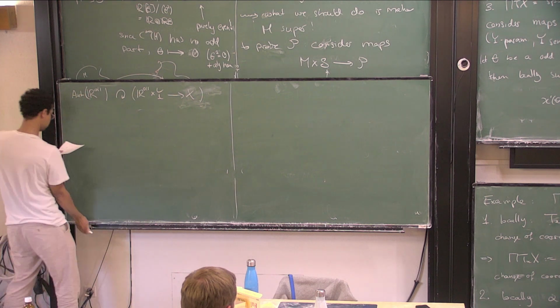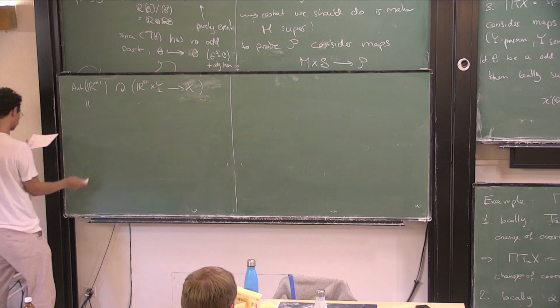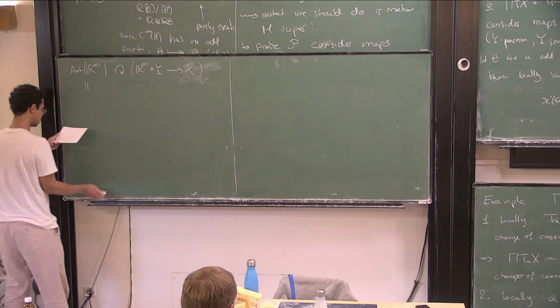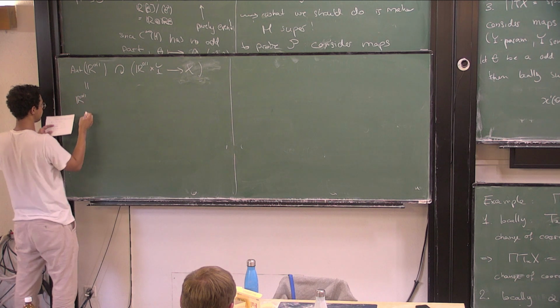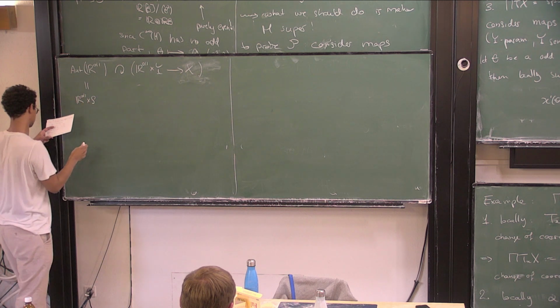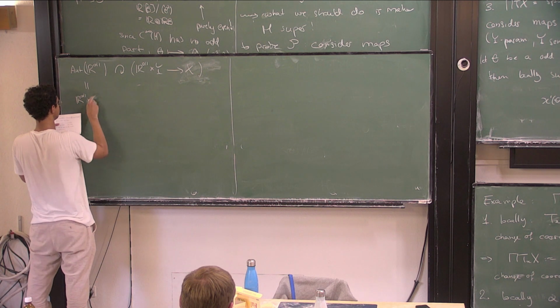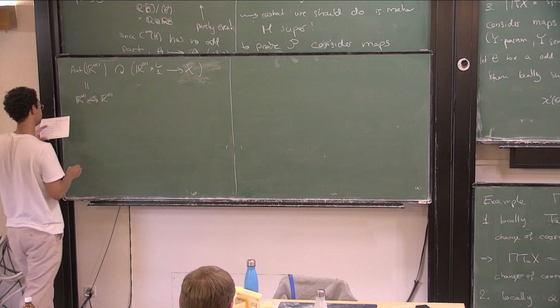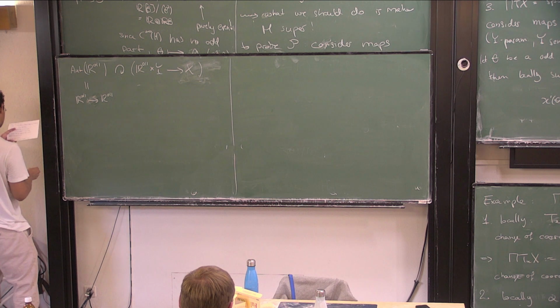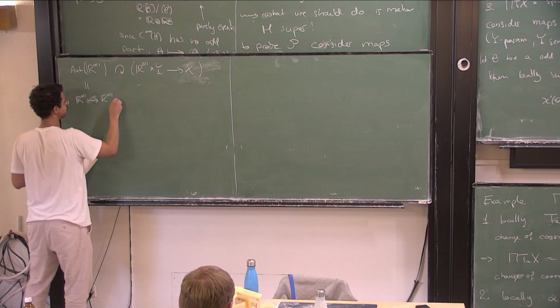So what are these automorphisms? They should be considered as maps from R^{0|1} to R^{0|1}, and they should be invertible.